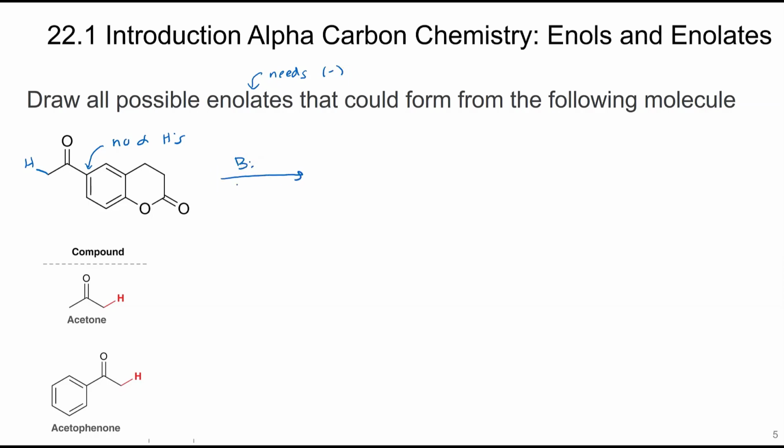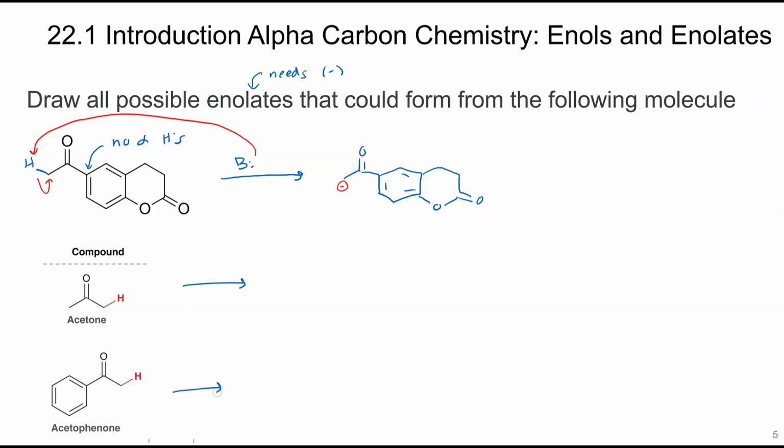So my base will grab this proton, and we have the carbon getting the negative charge. Negative charge there, and you can also draw the resonance structure of that with the O having the negative charge.